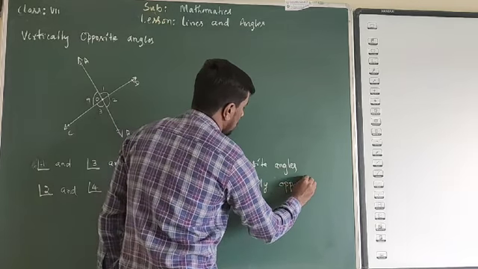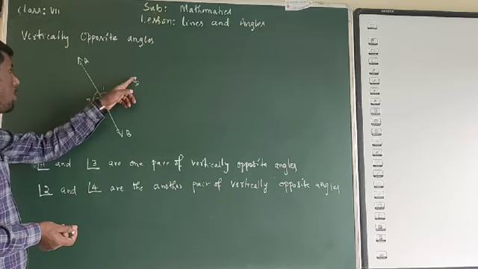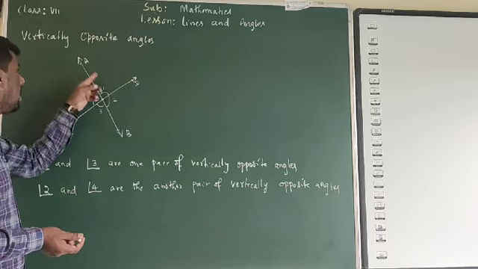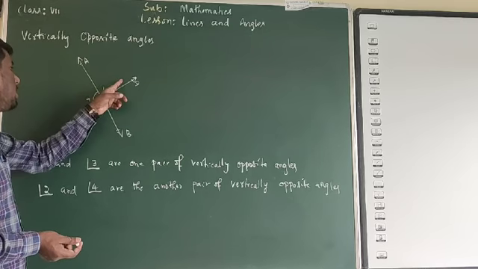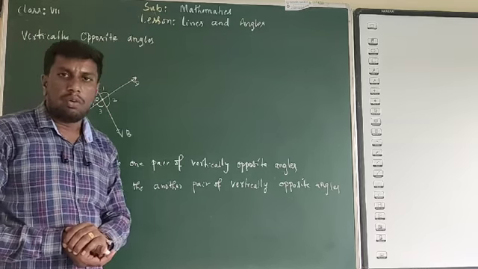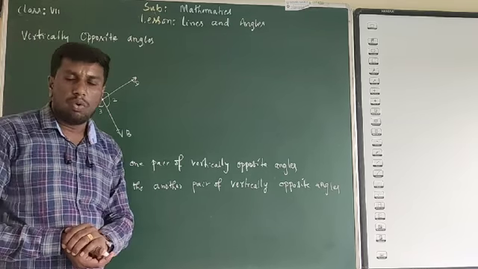To denote angle 1, it is AOD or DOA, angle AOD or angle DOA, which is equal to angle 1. Angle 1 is a denotation of this angle, right? Angle 2 is a denotation of this angle, angle BOD or angle DOB. So these are the two pairs of vertically opposite angles.